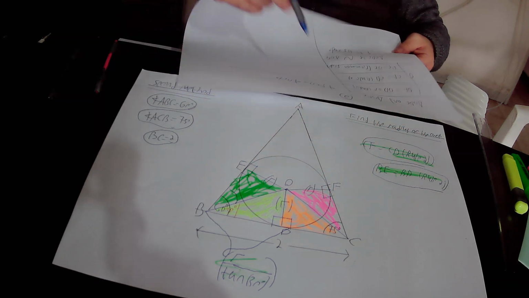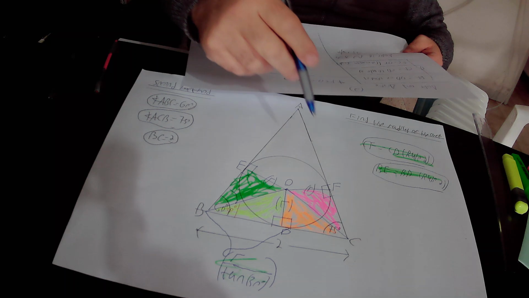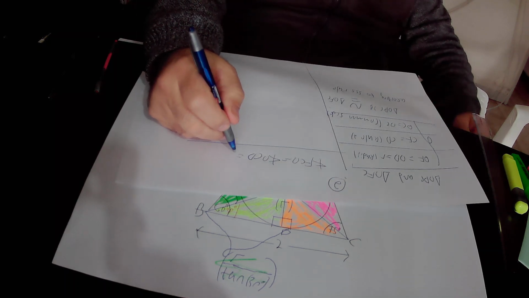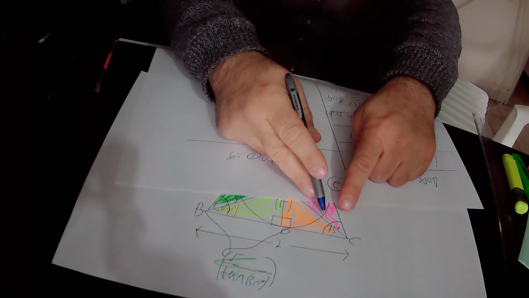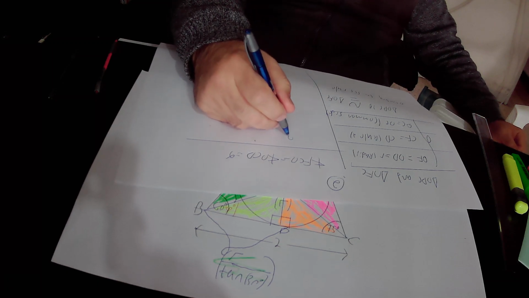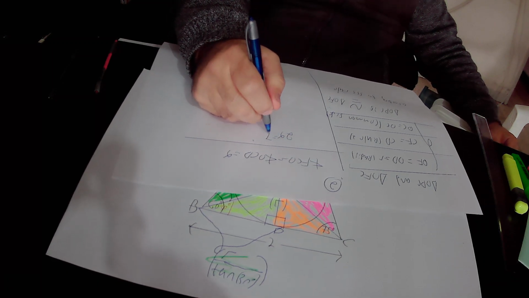So if we define one of those angles as alpha, then the other angle must also equal alpha. So alpha plus alpha equals 75 degrees according to what is given. That is to say, 2 alpha equals 75 degrees.